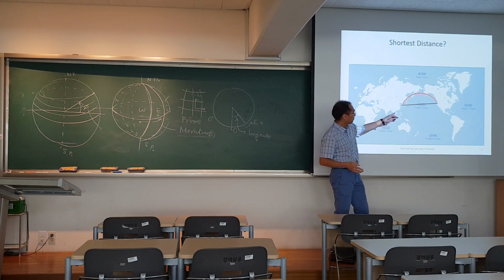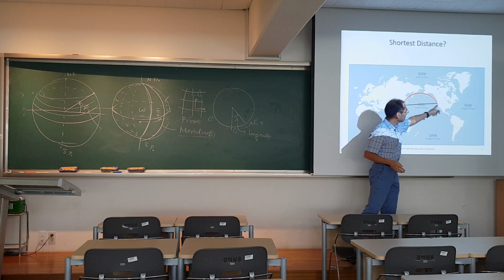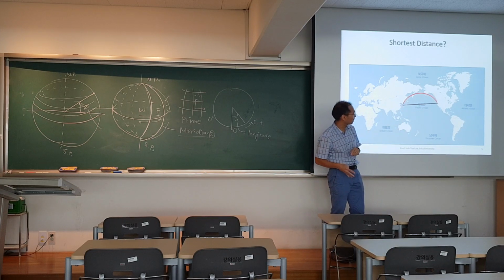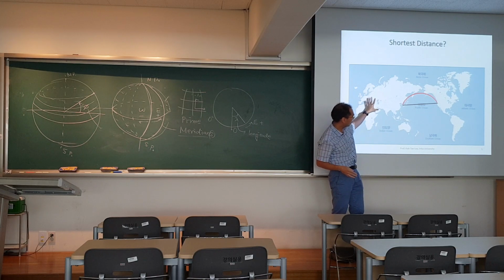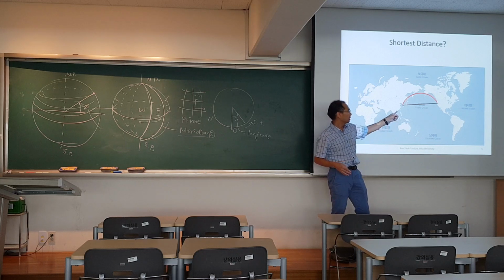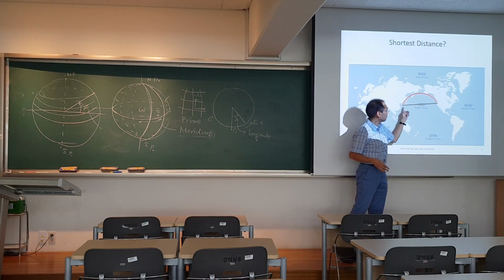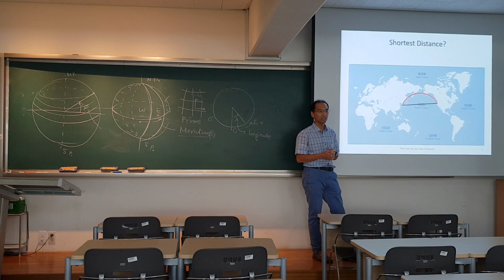And let's say from here, Korea, to here, somewhere in the US, let's say San Francisco. This is kind of the map of the world that you're familiar with. And compared to this route and this route, which one's going to be shorter, actually?